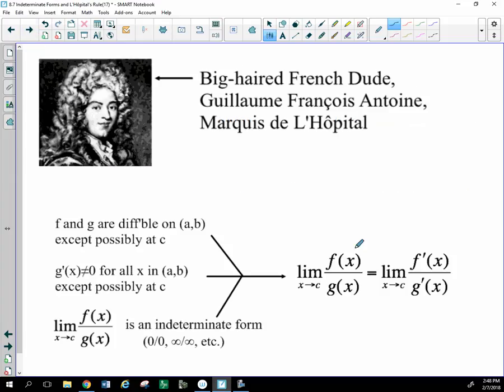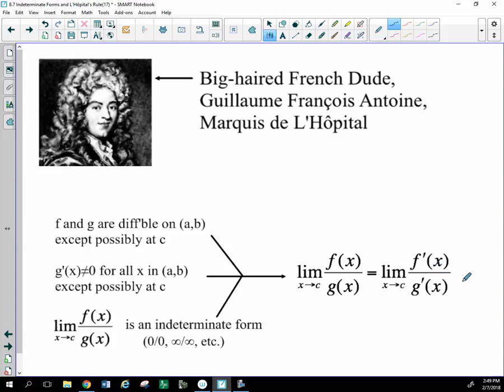L'Hopital talks about the functions. If you have a fraction and you're taking a limit as it approaches a value or infinity, with two functions on the top and bottom of the fraction, and you get an indeterminate form, like 0 over 0, infinity over infinity, or some other weird form of it, then you can bypass this by taking the derivative of the top and the derivative of the bottom, and then substituting in the c value.